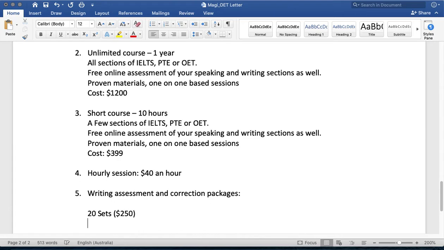The other one is 10 sets, which is charged at just $150 only. If you wish to prepare well for the writing section of your nominated examination, for example OET, PTE, or IELTS, you can take only this particular course without spending too much, and you're going to get an accurate assessment to help you find out your problems and the ways to overcome them as well.